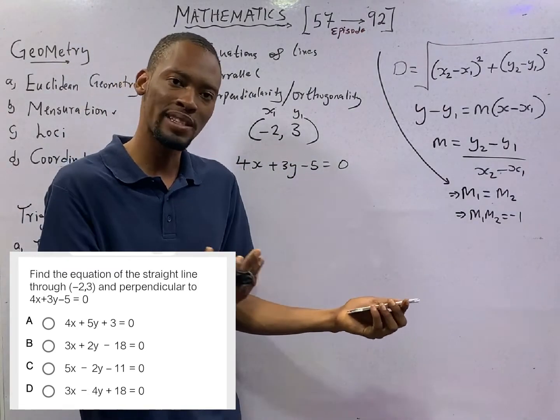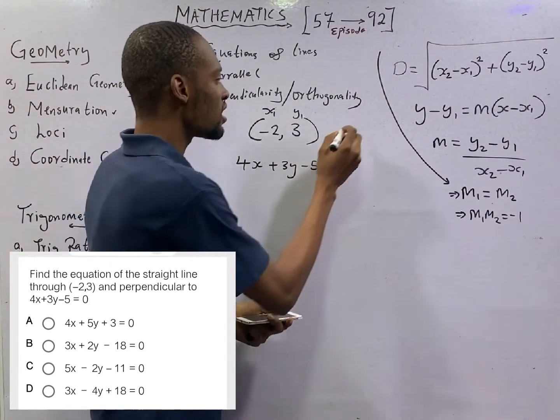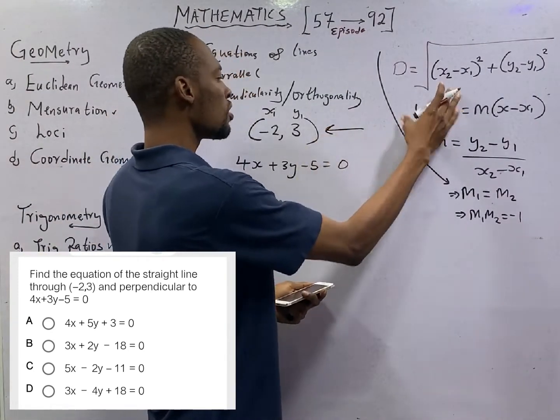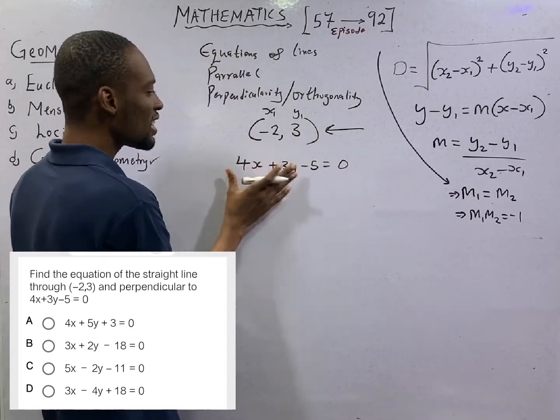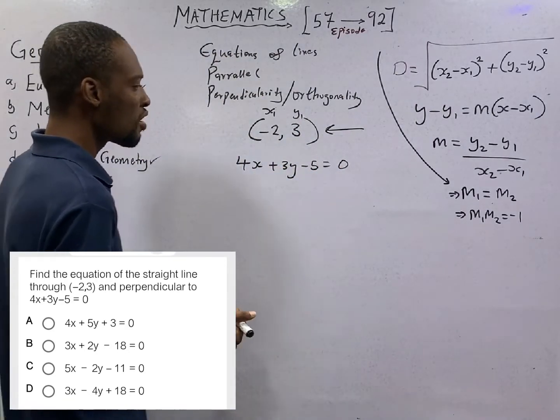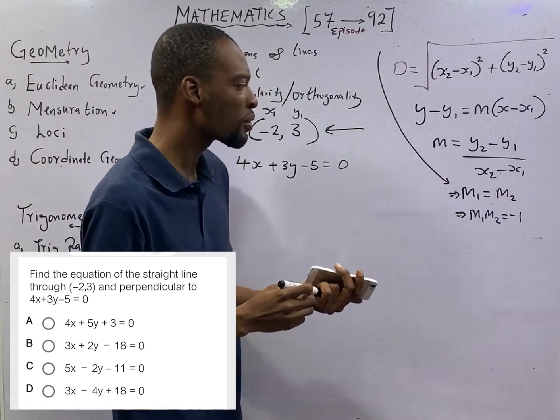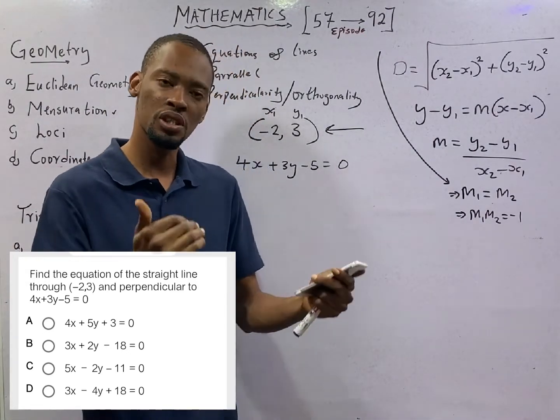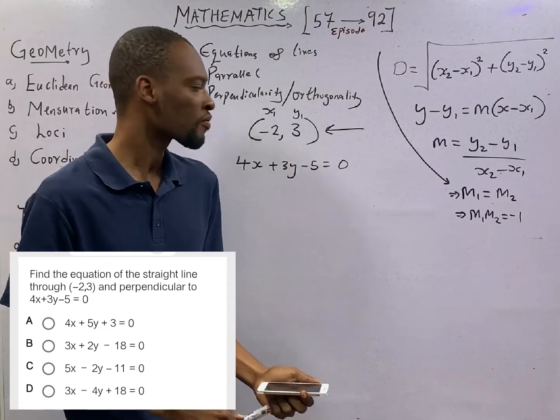We have two perpendicular lines. This is the line we need to look for, but it is perpendicular to this one. And I told you that for perpendicularity, the product of their gradients should equal -1.